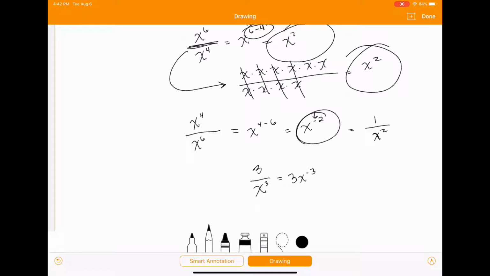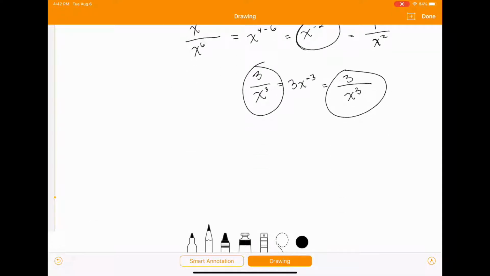Right? And so since it's negative, you could flip that to the bottom. So we're left with 3 on top and then x cubed, which is what we started with there. So if you had 4 over x to the negative 2 power, that's going to be equal to 4. Bring this to the other side of the fraction, so x squared.